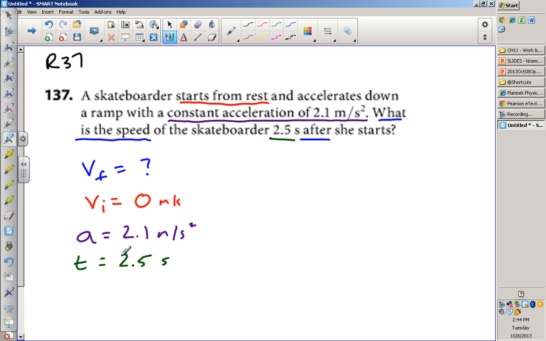We said that each one of those kinematic equations has 4 variables in it. So if we know 3 of them, there should be an equation for us to use to get the 4th. So you check your charts, and you find the equation that has these 4 variables in it.